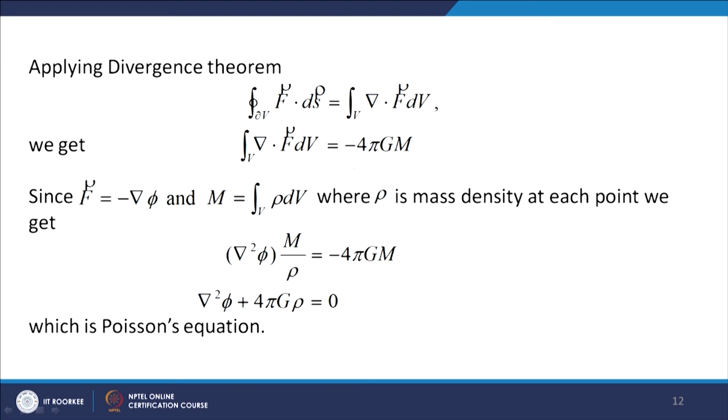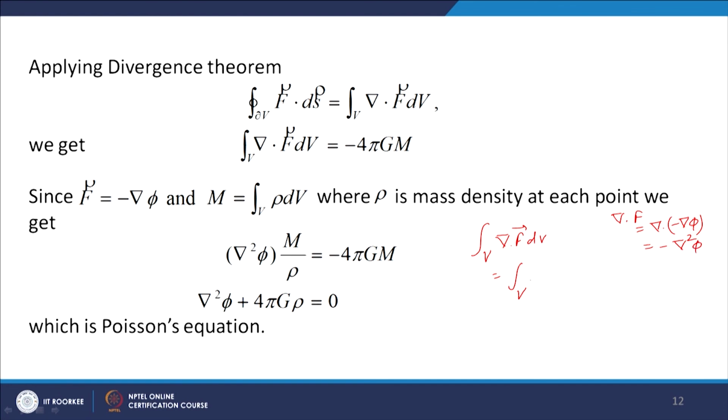We can see here the integral over B of del dot F dV, okay, del dot F is equal to del dot of minus del phi. So, what we get? Minus del square phi.